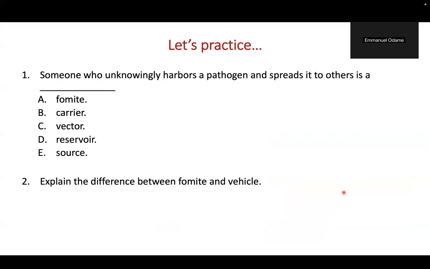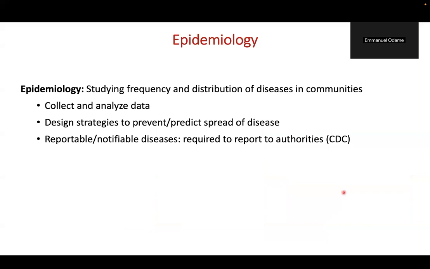So let's practice this. We talk more. So now let's talk about epidemiology. It's basically the study of disease frequency and distribution within communities. And to be able to study the epidemiology of a specific disease, you have to first collect and analyze the data on the disease.